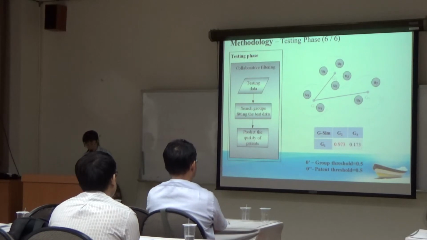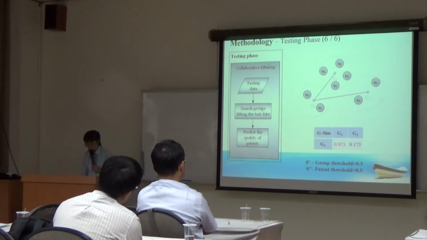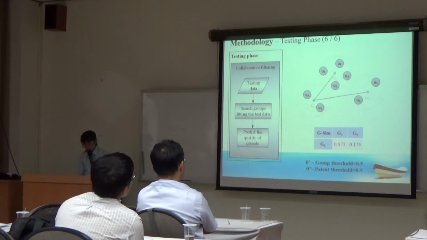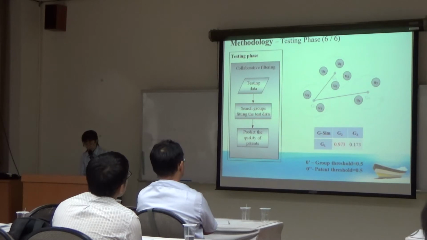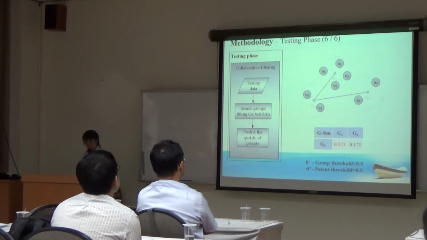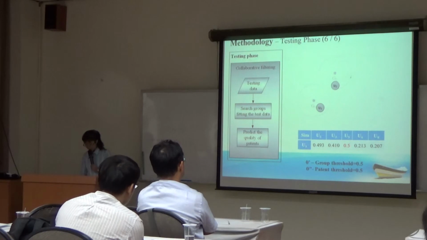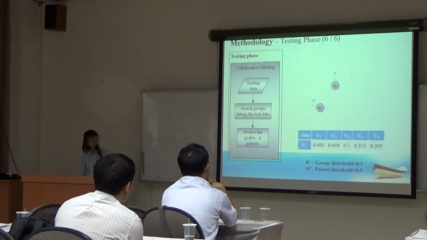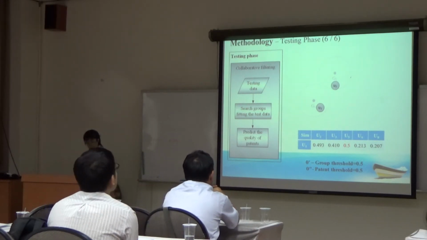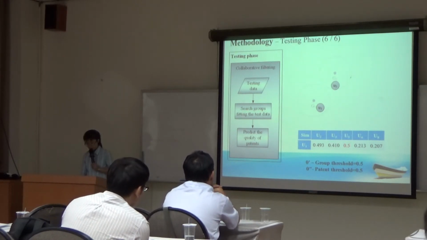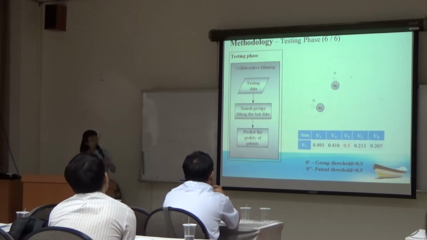The affinity of G1 and G2 is larger than the group threshold, so G2 is the collaborator. Then there is only U5. U5 has a similarity with U1 larger than the pattern threshold. So even though U2, U8, and U6 are also in G2, we just use U5 to be the collaborator.